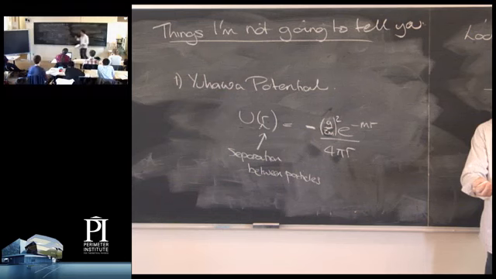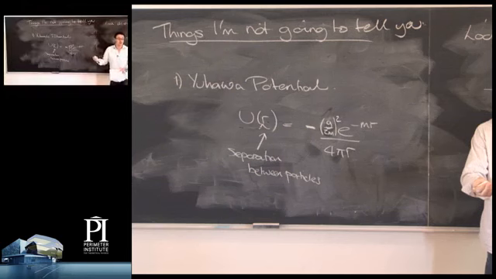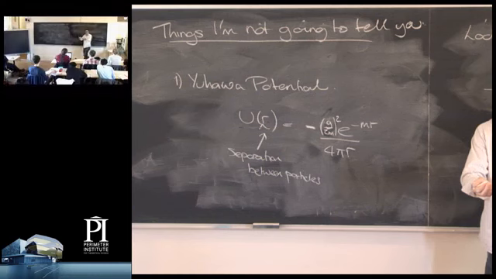One thing I want to stress, there's a minus here. Okay, what does that mean? It means that the potential is attractive, the force is attractive. These nucleons want to come together because of this exchange of the light particle. If we did the same calculation for nucleons and anti-nucleons, we'd find exactly the same answer.